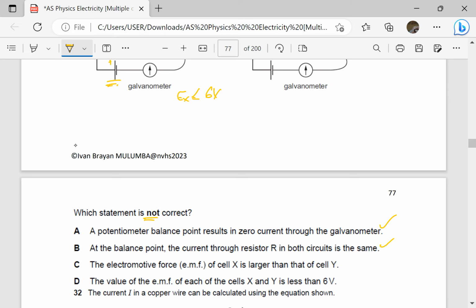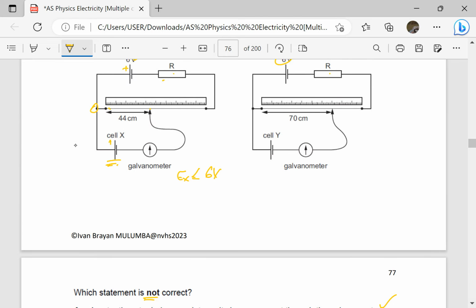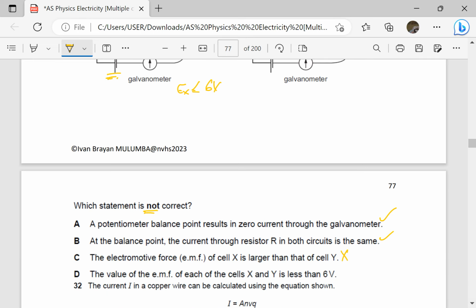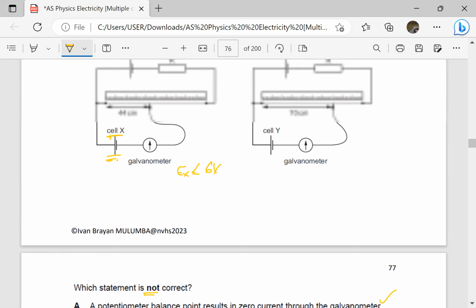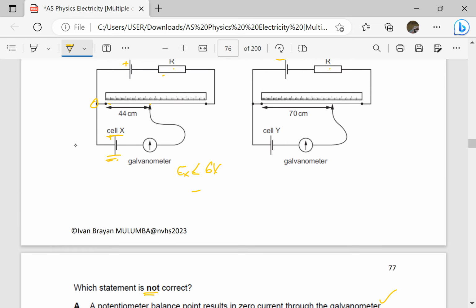Then, the EMF of cell X is larger than the EMF of cell Y. That is not true. Reason: the EMF is the same as the PD across the balance length, and the PD is directly proportional to length.